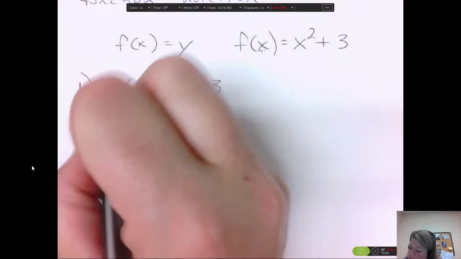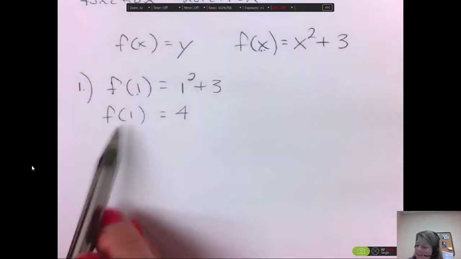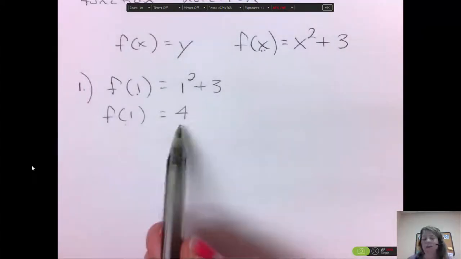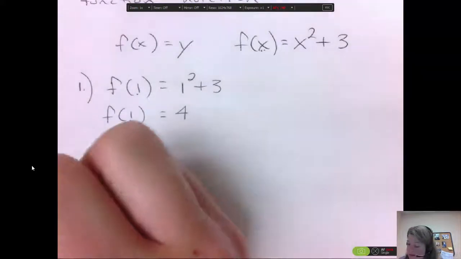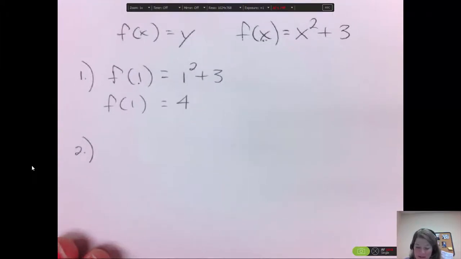So we really know that f of 1 is equal to 4. I can see input, output, x, y, all in one notation, which is super cool. If I have to graph that, I can now graph it because I see my values for x and y. So that's why we like this notation, and it follows domain, range, everything we've been doing.